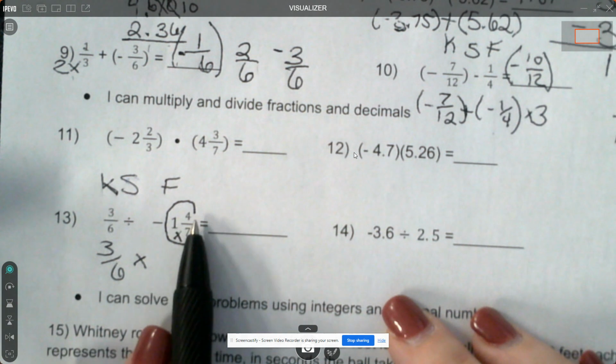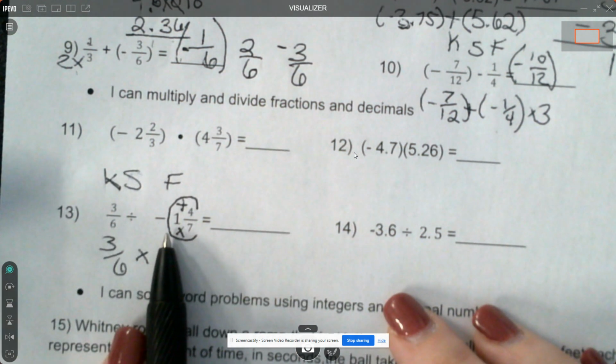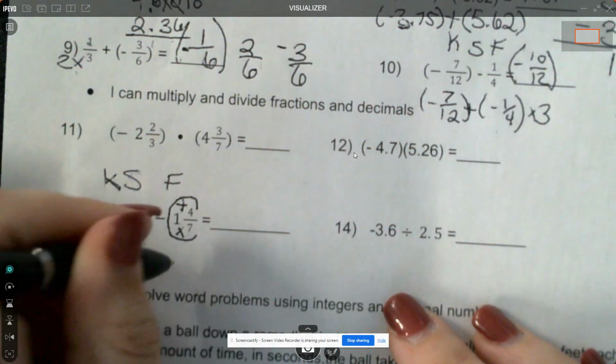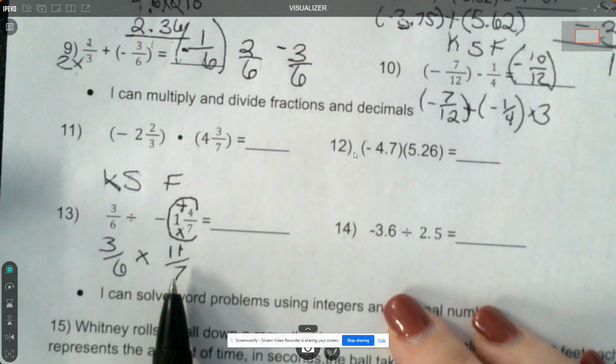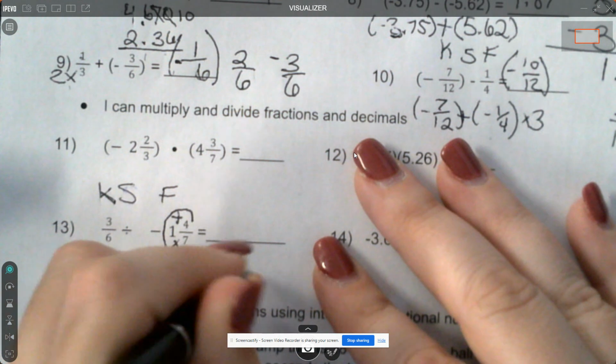And then what do I do with the 4? I add. Exactly. So 7 times 1 is 7. And then that plus 4 is 11.